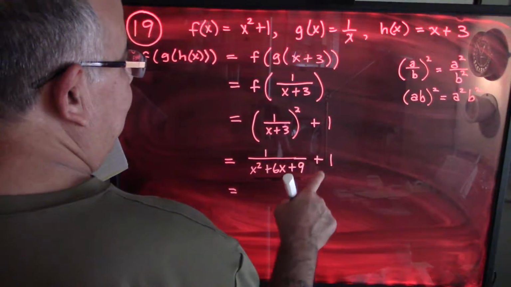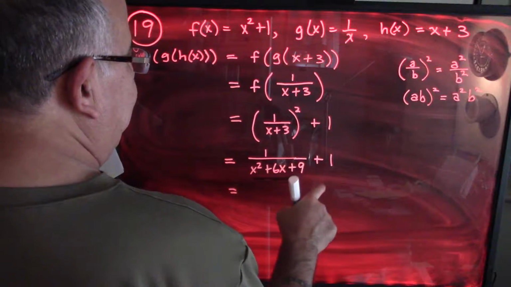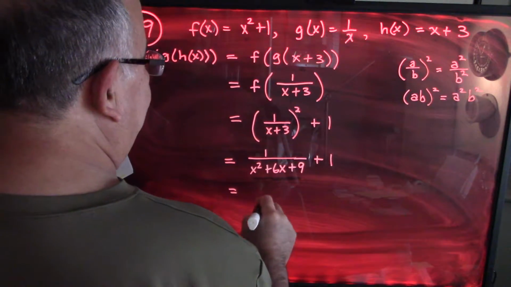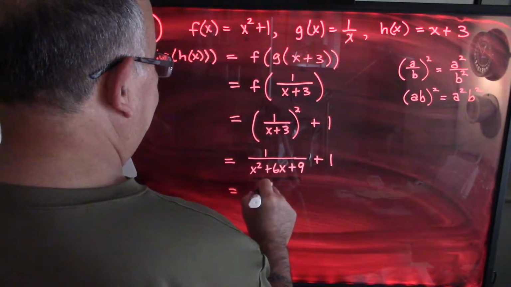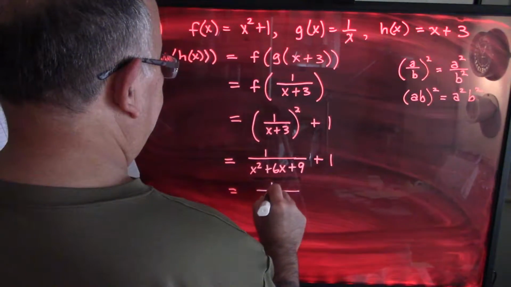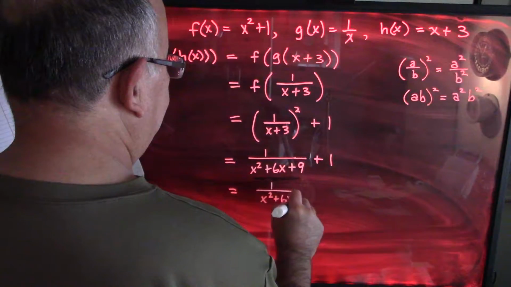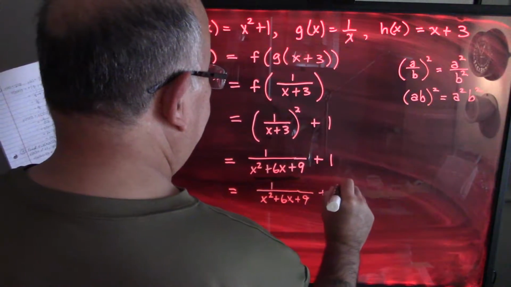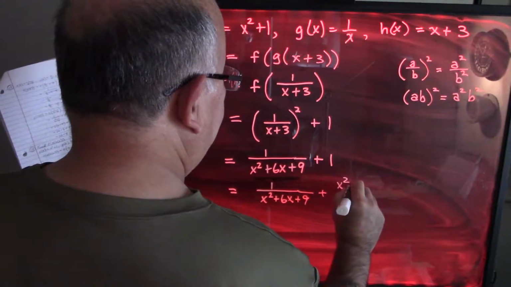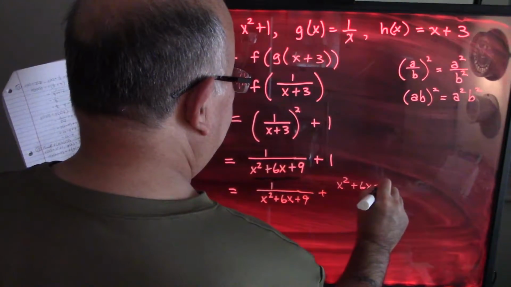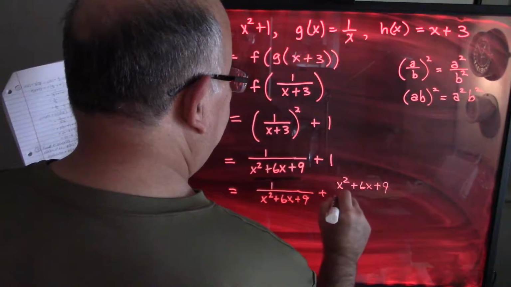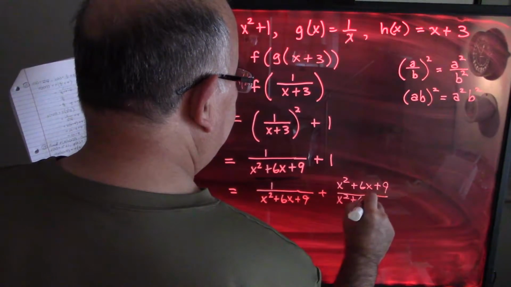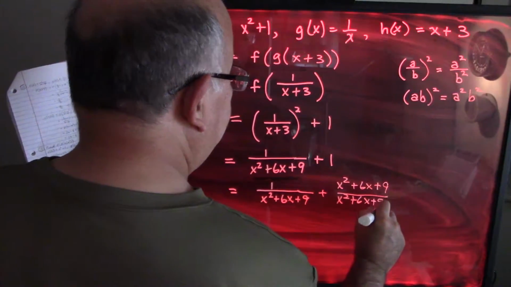So 1 is written as x squared plus 6x plus 9 over x squared plus 6x plus 9.